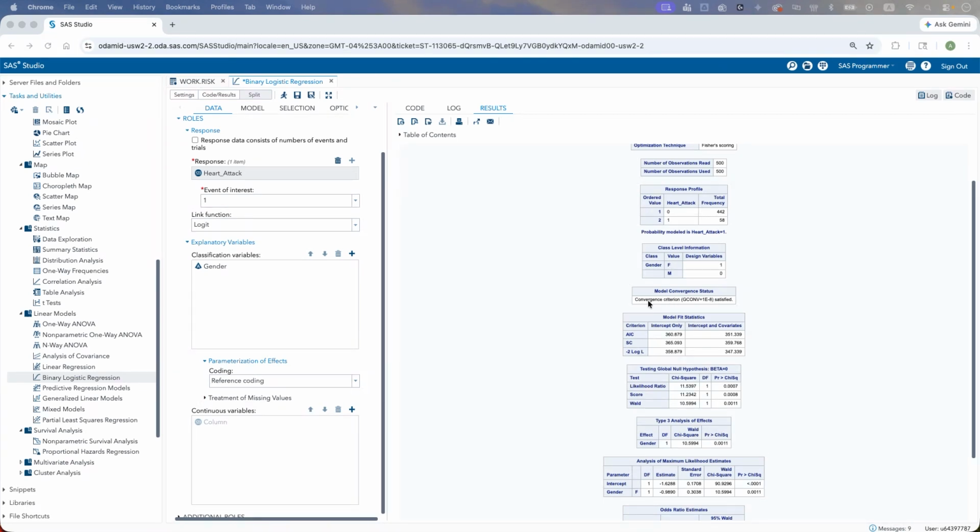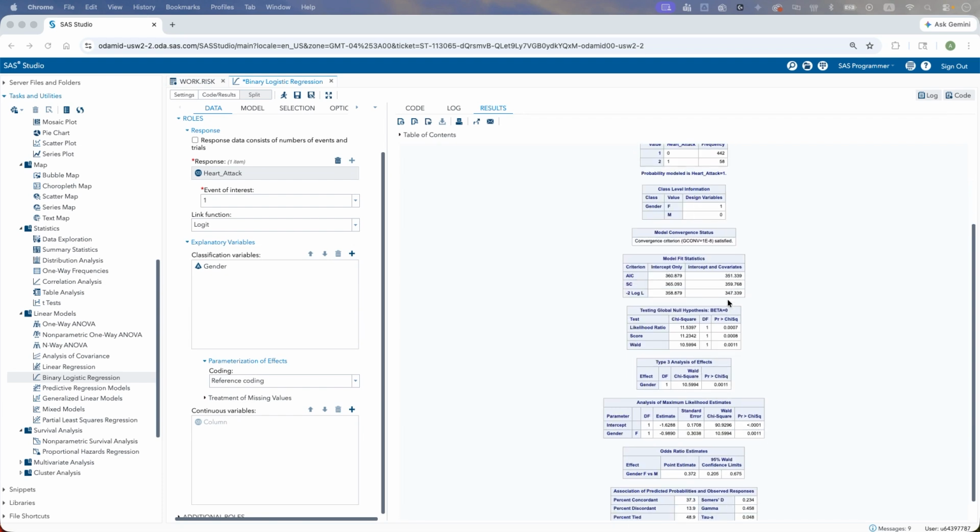Then we come to the model fit statistics. These are the AIC, SC, and -2 log L. We are looking for smaller values. The question is, how small? We cannot know until we compare this model with other models. So you have to do a comparison, to know which model is doing better than the others.